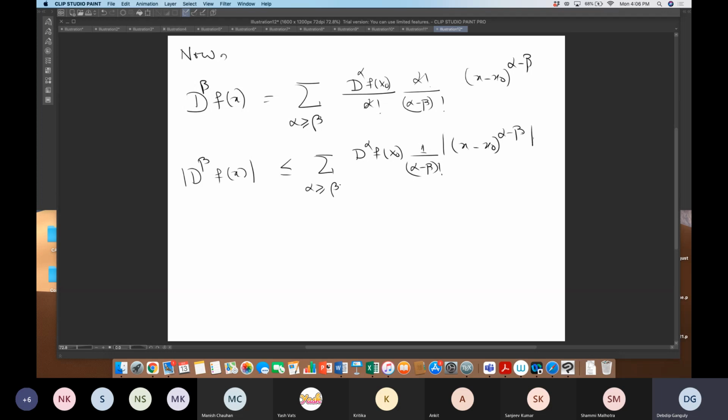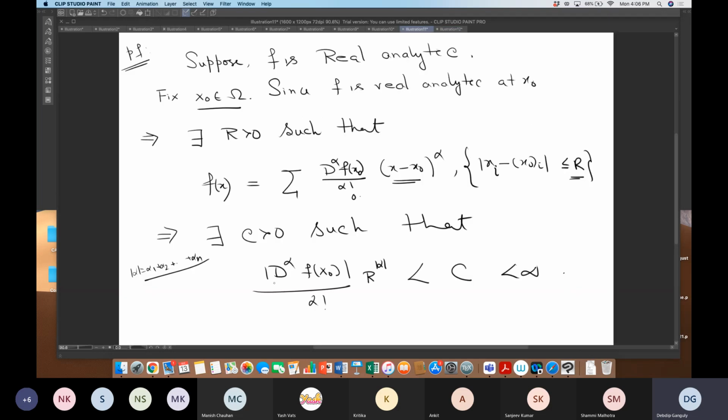Okay, the modulus is there here. So what is d alpha of f at x naught? The modulus of d alpha f(x naught) is less than C times alpha factorial times R to the power mod alpha.